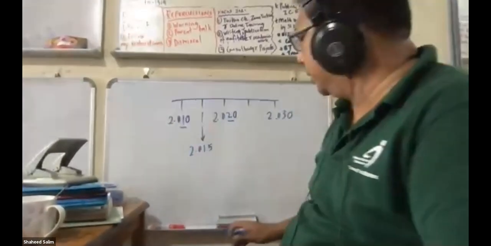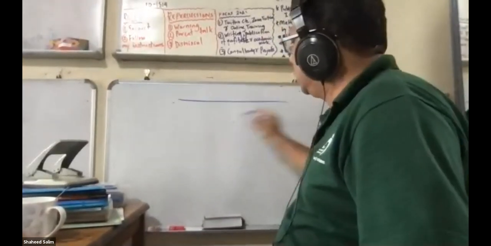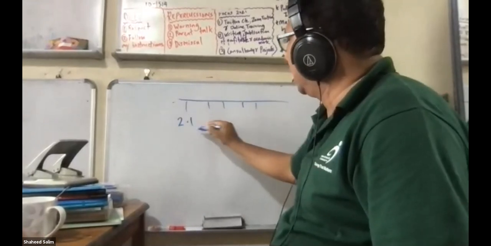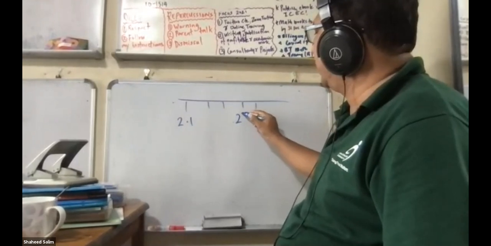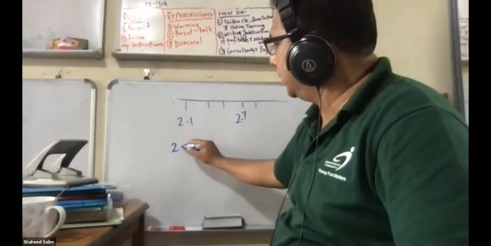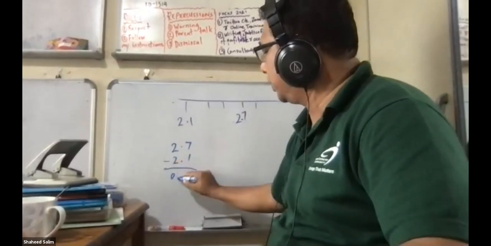Sometimes you can have this form. Another one you must remember is this. If they give you, let's say, 2.1, and then they put here 2.7. Take bigger number minus smaller number. That's the first step: bigger number minus smaller, get 0.6.